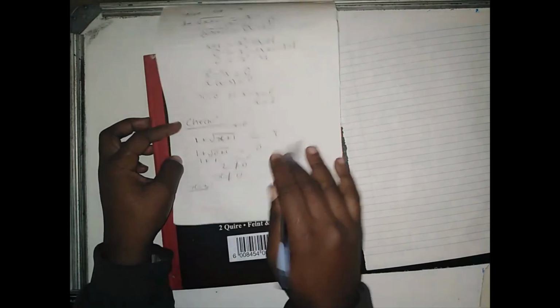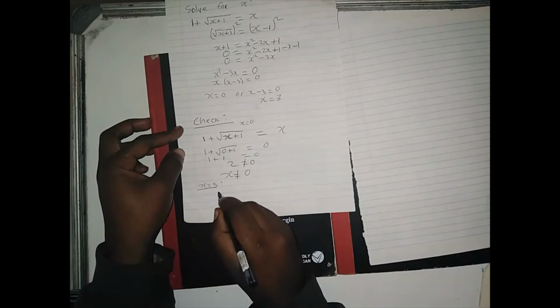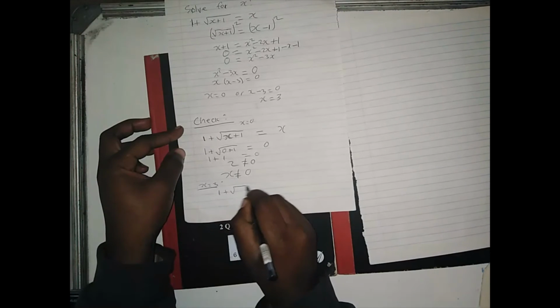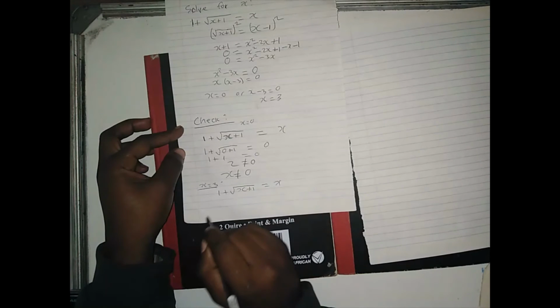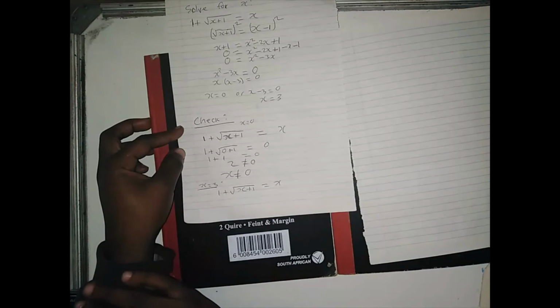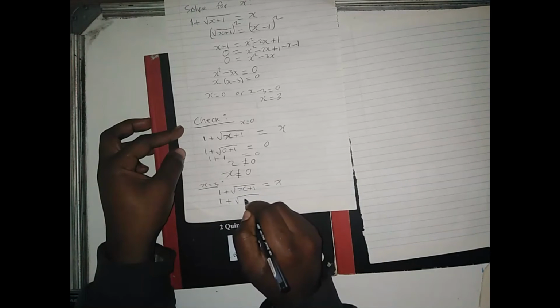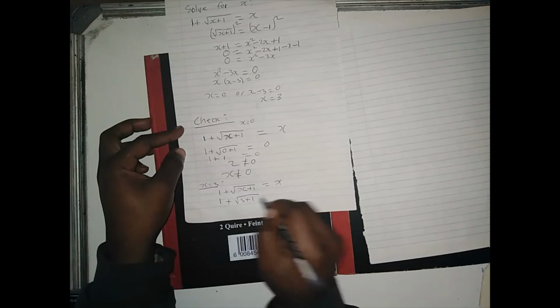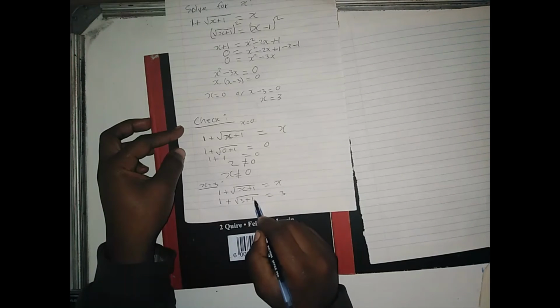Let's do the same thing. We've got 1 plus square root of x plus 1, which is equal to x. We're substituting x is equal to 3, so we're going to say 1 plus square root of 3 plus 1 is equal to, and then we've got 3 here. What is 3 plus 1? 3 plus 1 is 4.